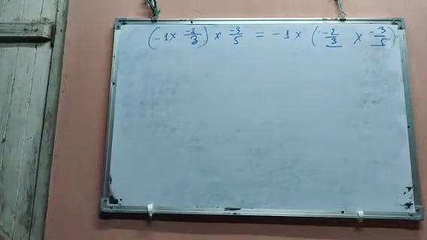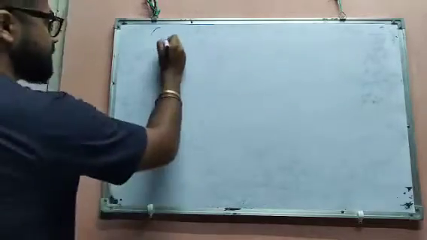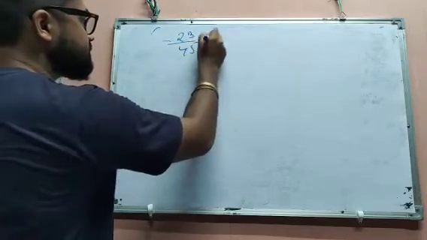Okay, so next we are going to use one more property, that is the zero property, the property of zero. See, maybe we have been given minus 23 by 45 into 0.